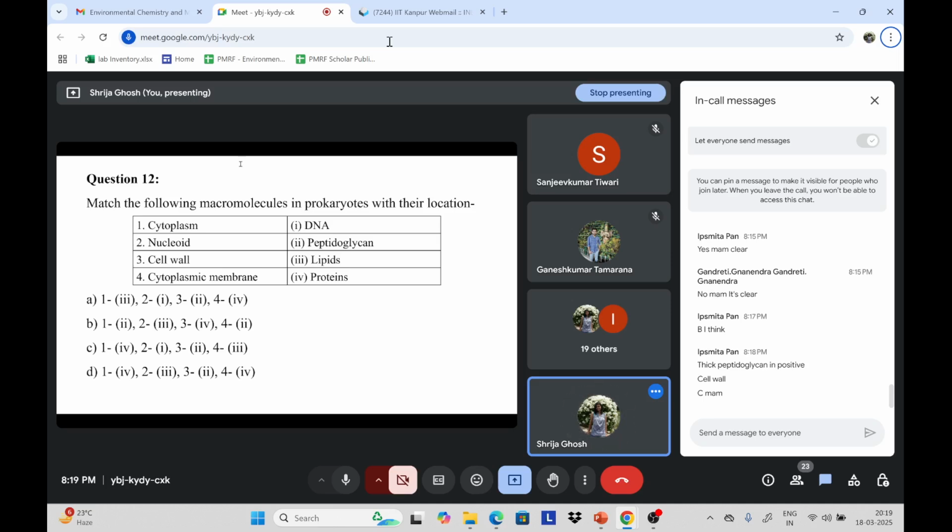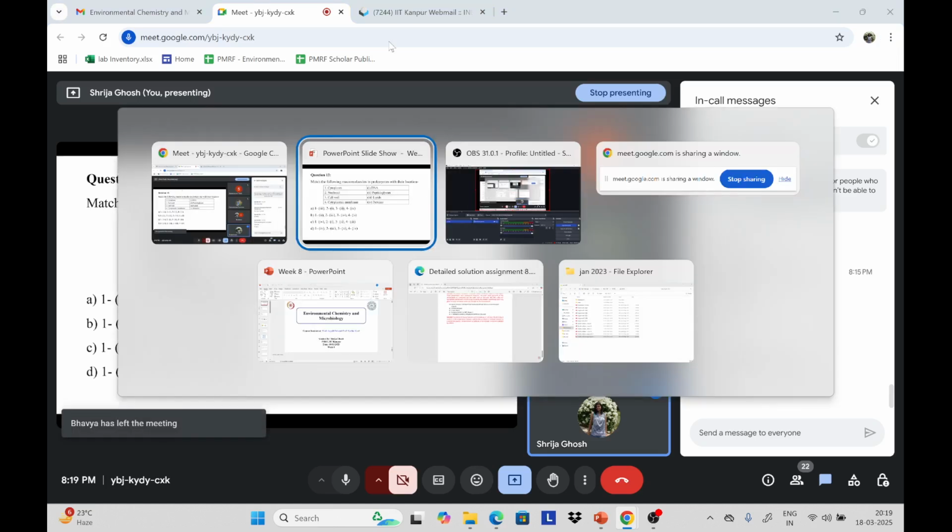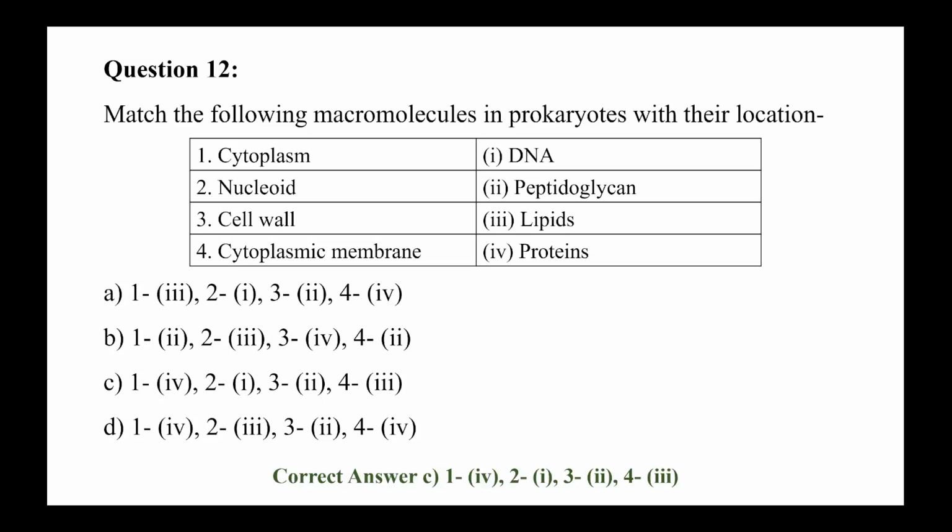What about others? No one else knows the answer? So option C is the correct answer.